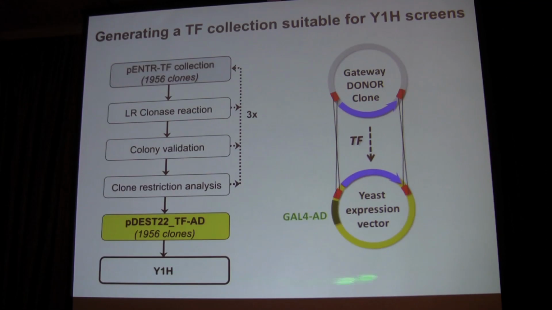So in our case, we transferred it to a yeast expression vector that allows us to do yeast one-hybrid screens. But you can think of transferring these transcription factors, for example, to a bacterial plasmid to express these proteins in bacteria, or to a binary vector to generate plants that overexpress each one of these transcription factors.